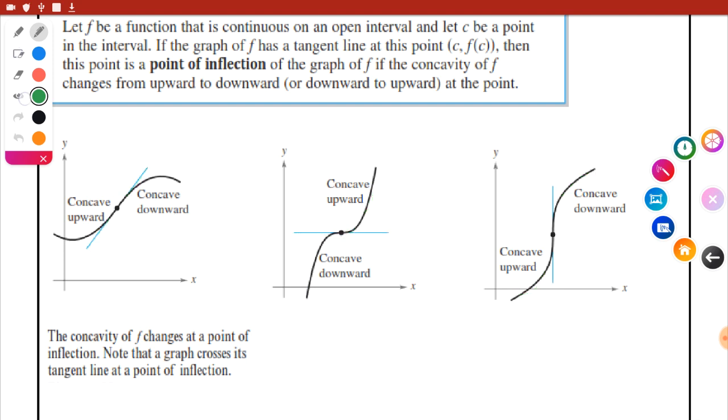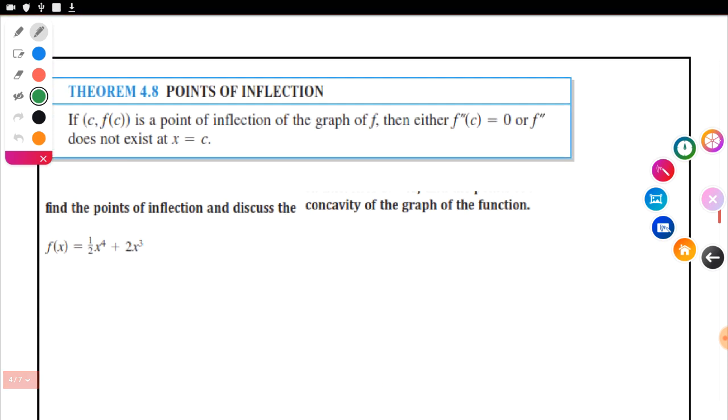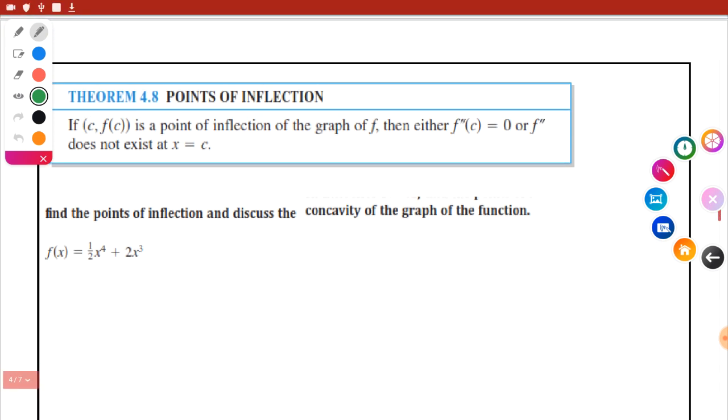Now, I'd like to explain the theorem 4.8, point of inflection. What are the properties of a point of inflection? Here, if the point c, f of c is a point of inflection of the graph of f, then either the second derivative at this point equals 0 or the second derivative does not exist at x equal c.